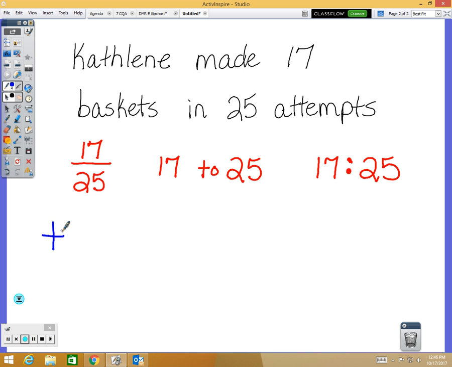Order matters. Order matters a lot, okay? So this is baskets made to attempts. Right? And a lot of times when it's given to you in the sentence, it is put in the order that they want it.